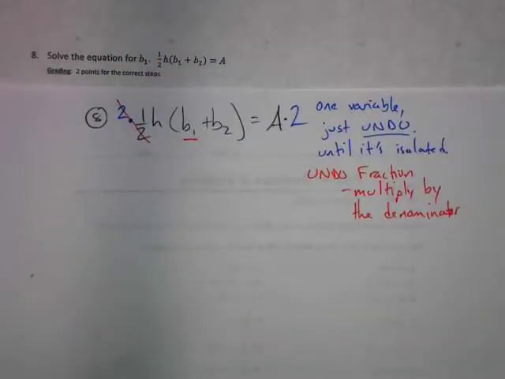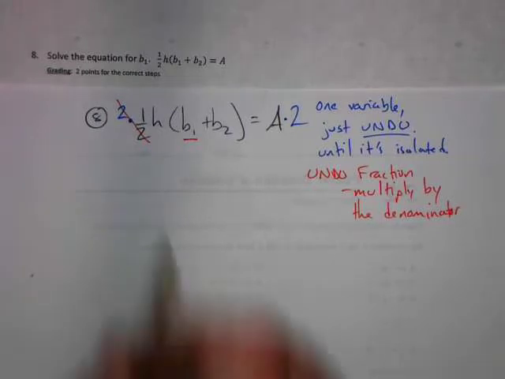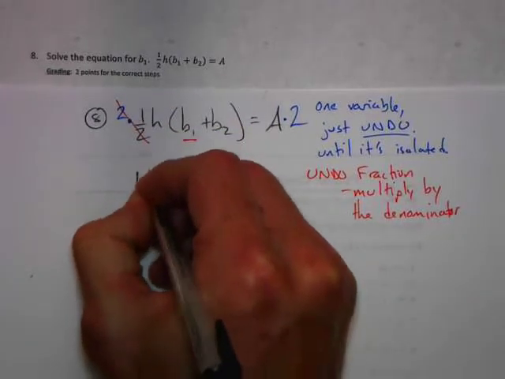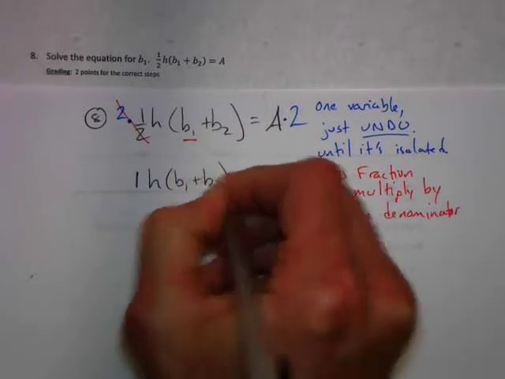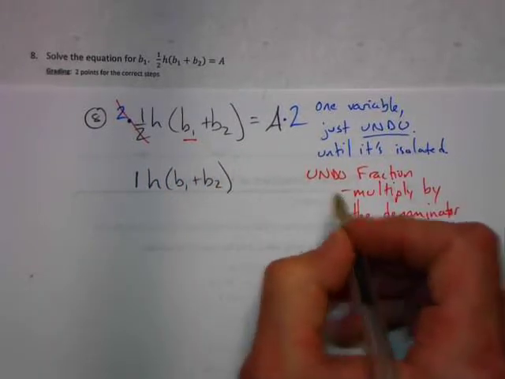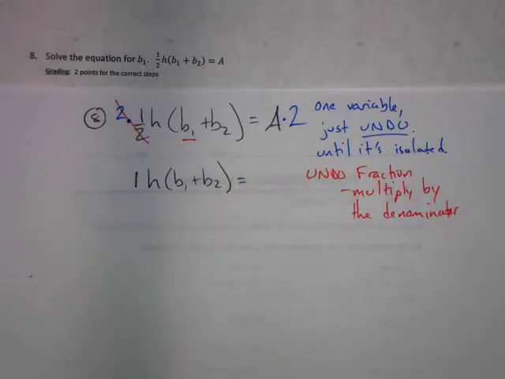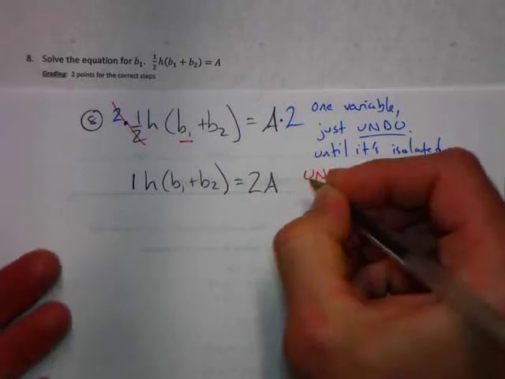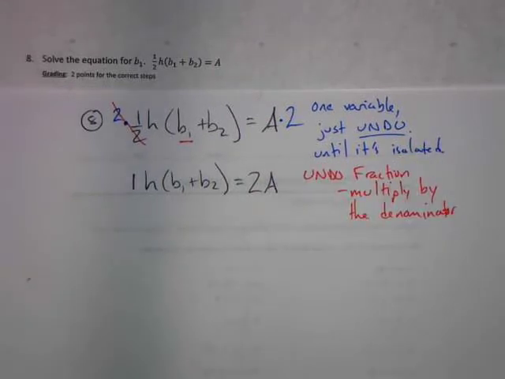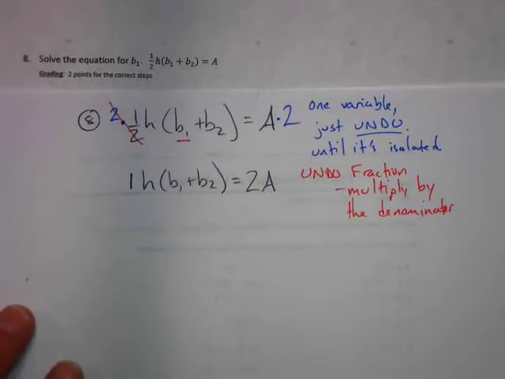And so it will cancel out because we're simply multiplying by 1. And what we'll have left is that 1h. And then everything else is still there. But all we had to do is get rid of that fraction. That's what we did. We undid the fraction. On the right-hand side, we have a times 2, and we can call that 2a. And so that was the first thing we wanted to do, get rid of that fraction.